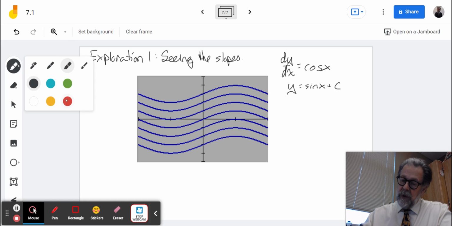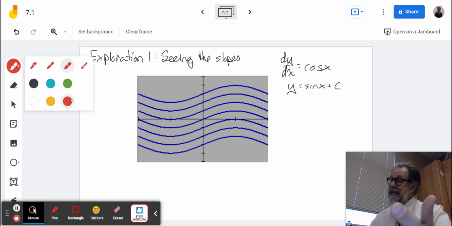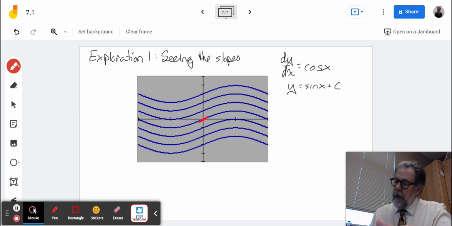So we're going to look at what is the slope at any given point. Let's start with the fact that when x is equal to 0, regardless of what the constant value is, the slope of this graph will be 1.